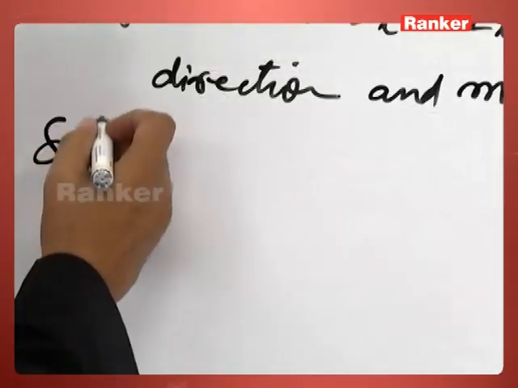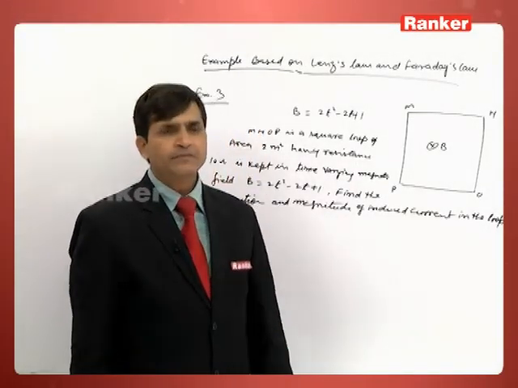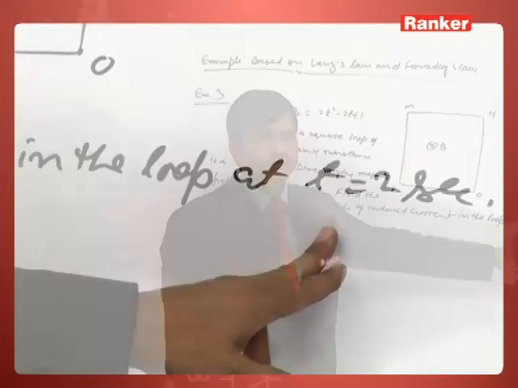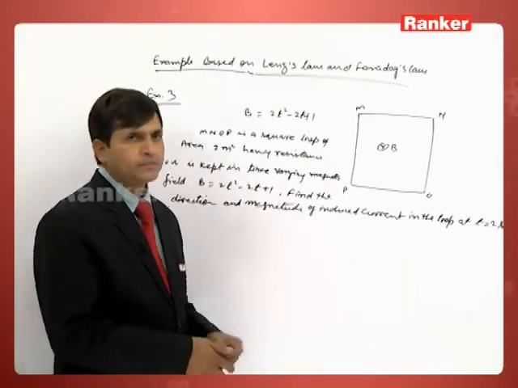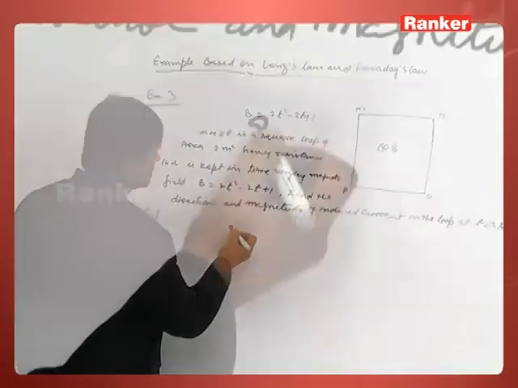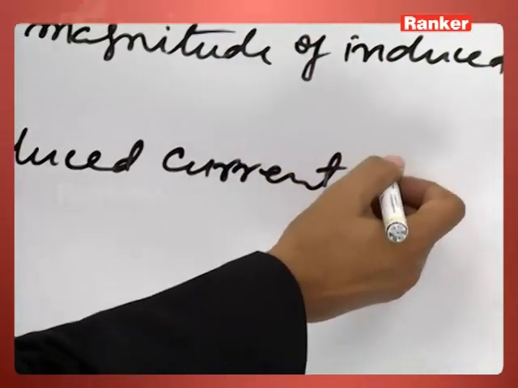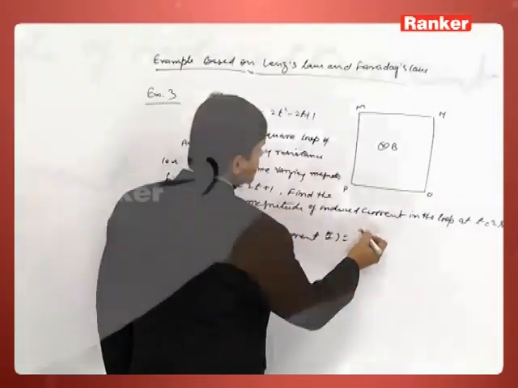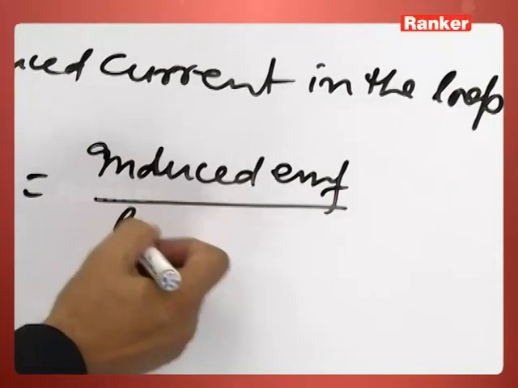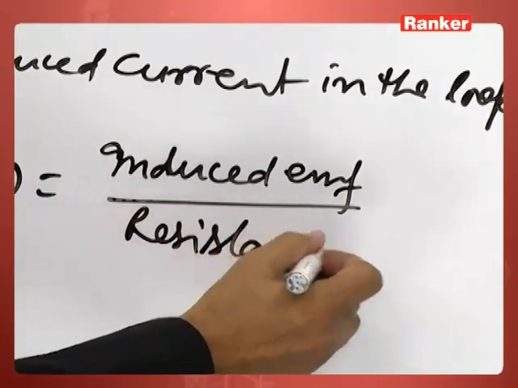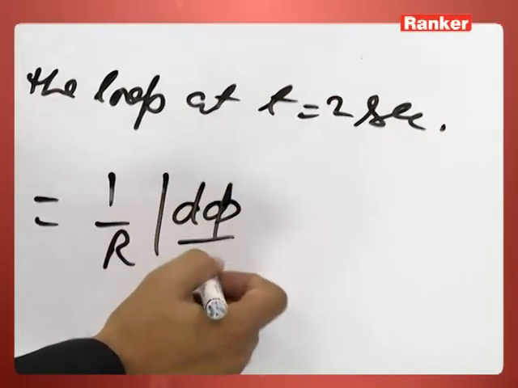See that. First of all, we will find how much the EMF is at t equal to 2 seconds, and then we can get the current by EMF divided by resistance. See, induced current I is equal to induced EMF by resistance, and this we can write as 1 by R d phi by dt.